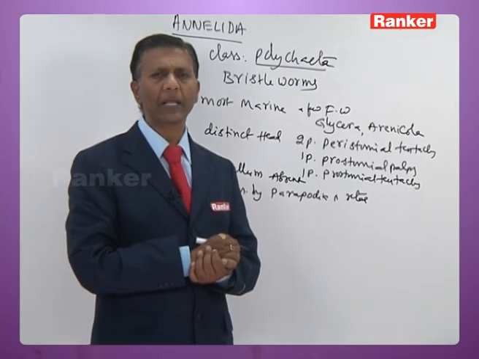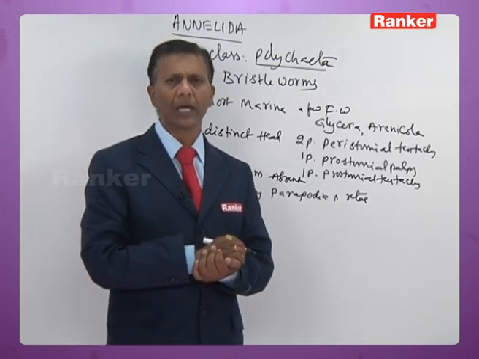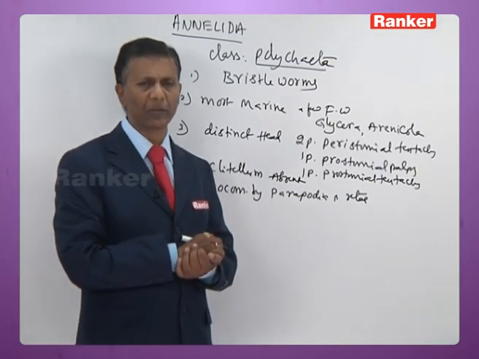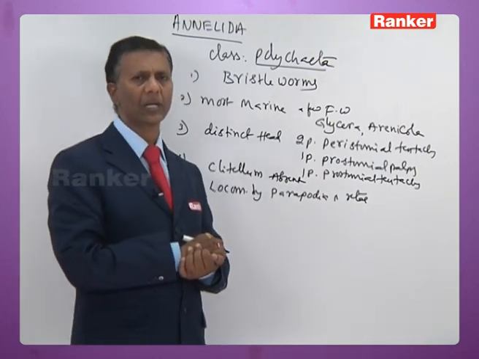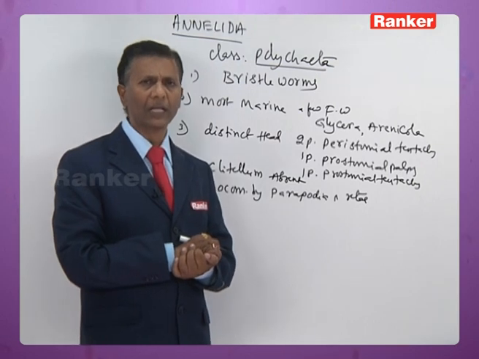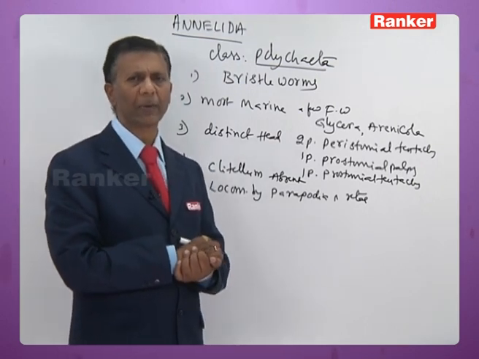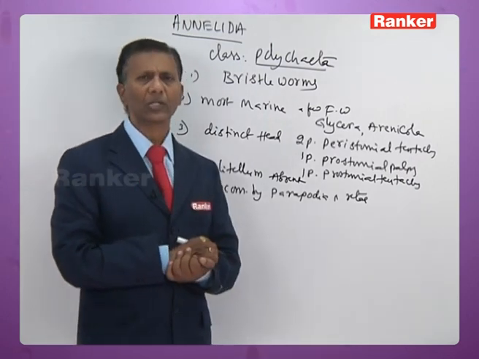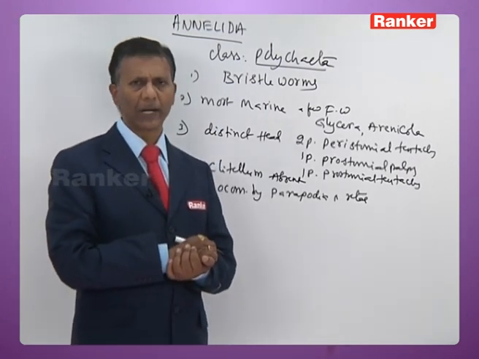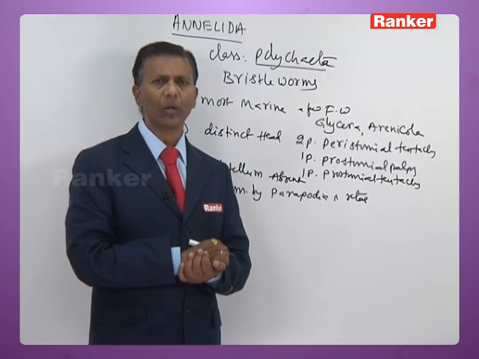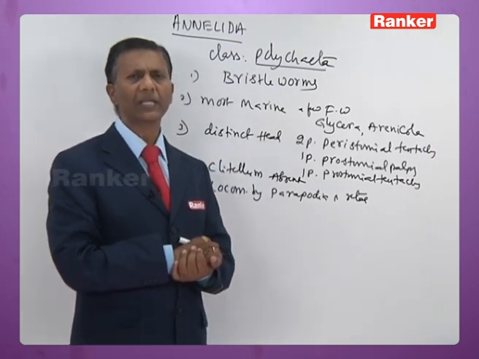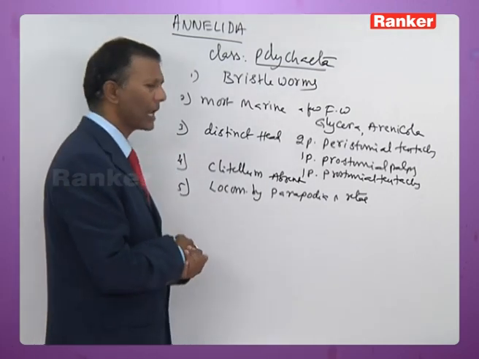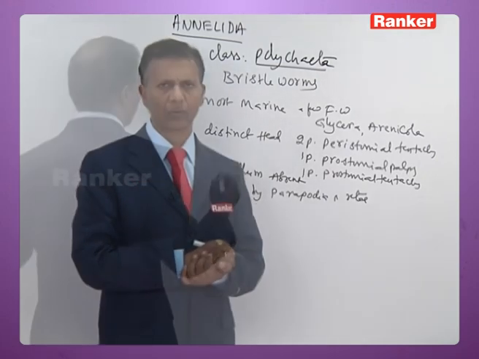Parapodia are supplied with blood capillaries, so they also help in respiration besides cutaneous, that is skin respiration. And some of them have gills also. Some of the polychaetes even respire through gills. Then the polychaetes are unisexual without gonoducts. Fertilization is external. And in Polychaeta, the characteristic larva is called trochophore.